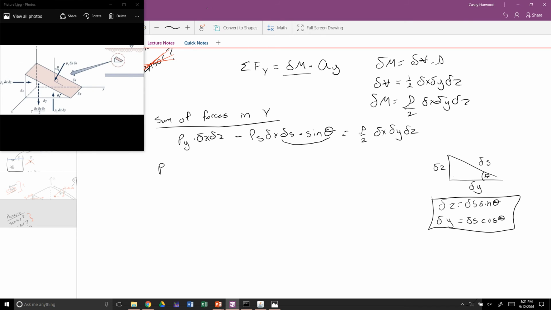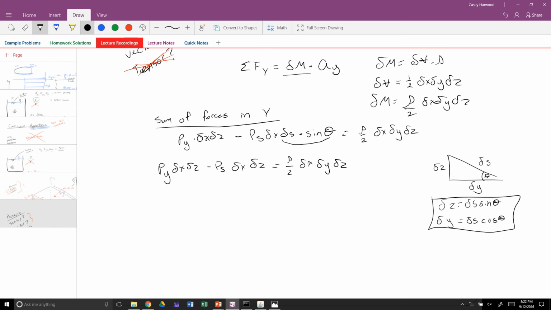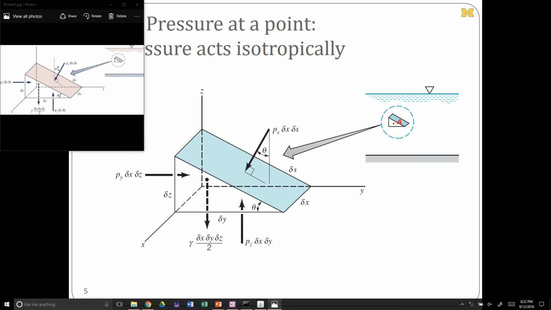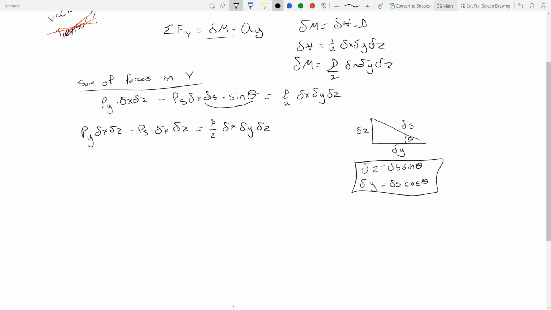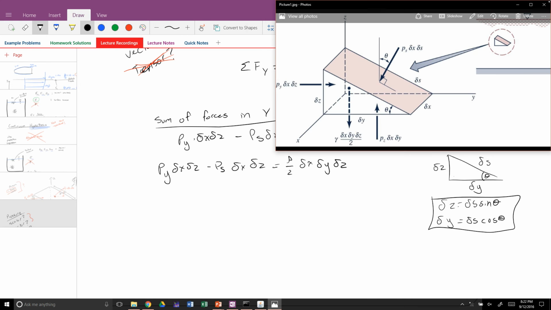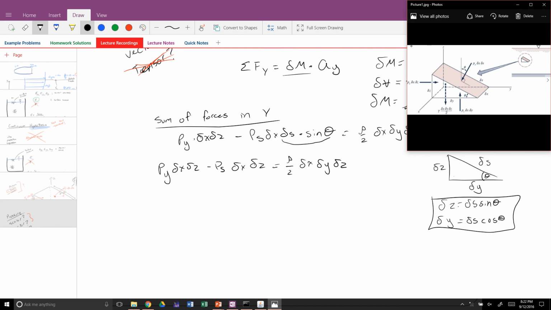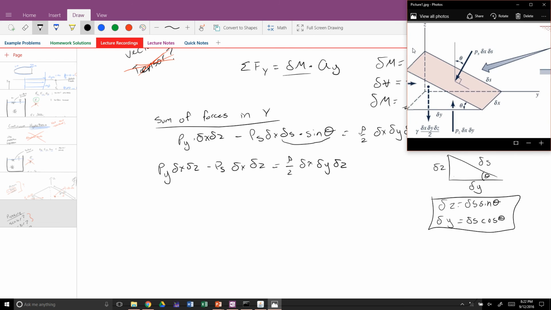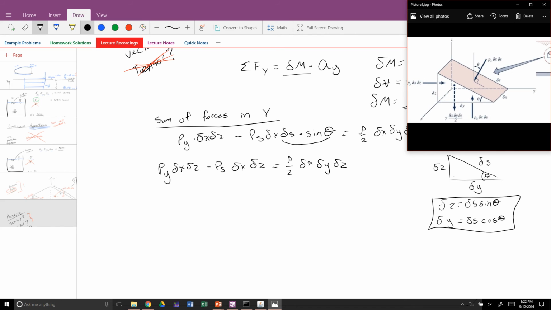So we can rewrite this equation of motion in the y direction as Py delta X delta Z minus PS delta X, and now we just showed that this component delta Z is equal to rho over 2 delta X delta Y delta Z. One moment while I bring my drawing back up. Okay.